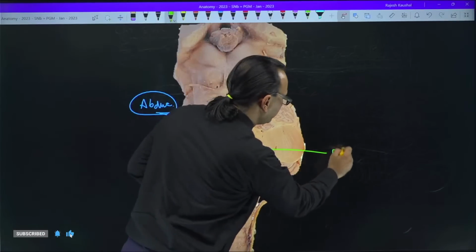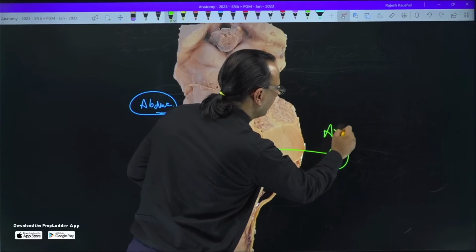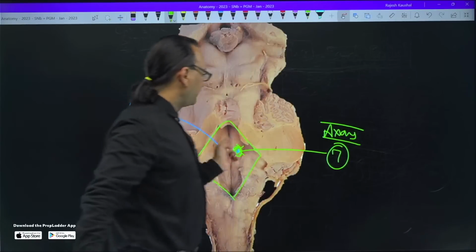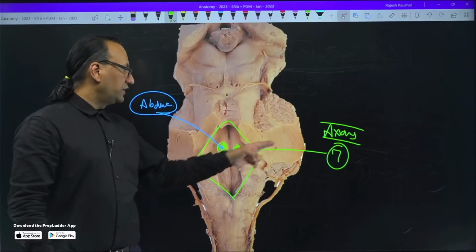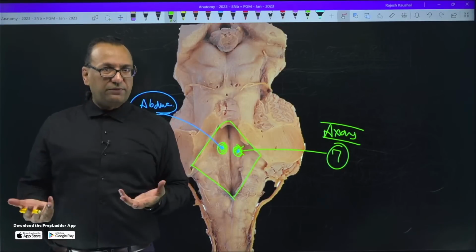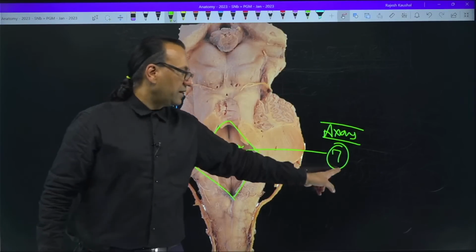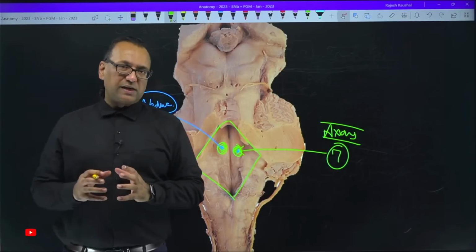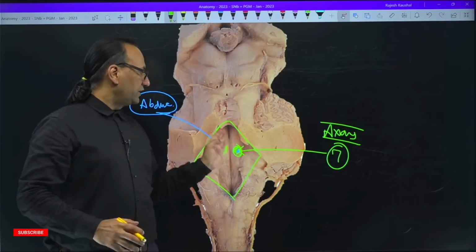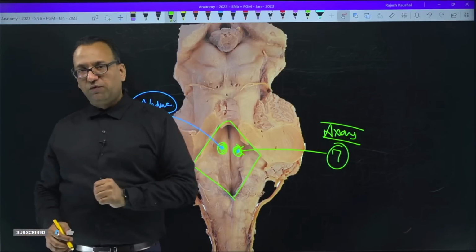Now, if it is produced by the axons of facial nerve, a question came, what will happen if there is a facial colliculus injury? If there is a facial colliculus injury, two structures will be affected, the axons of facial nerve and the nucleus of the abducens nerve. The question was asking, if there is a facial colliculus injury, which muscle will be paralyzed?